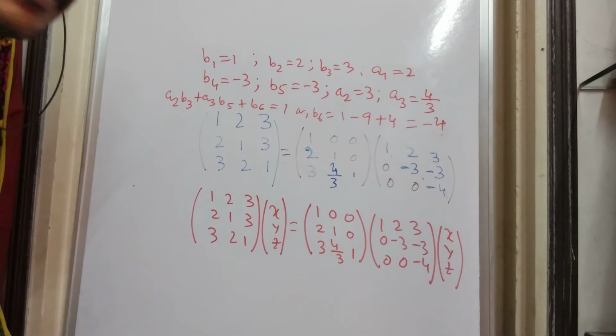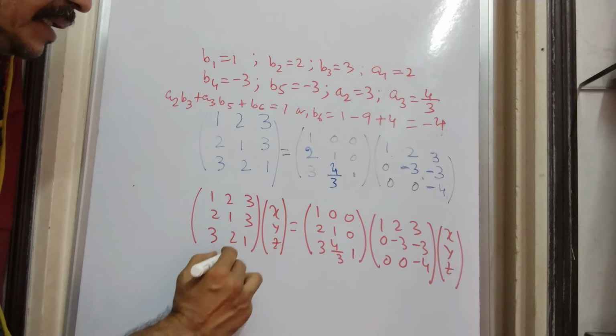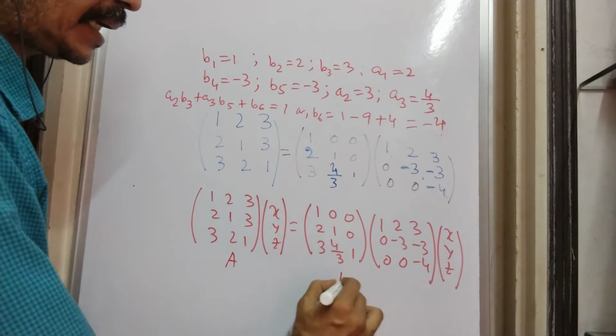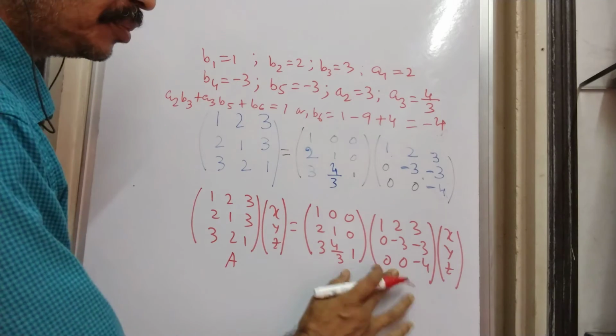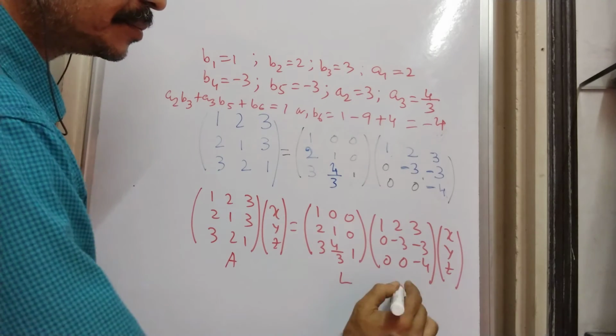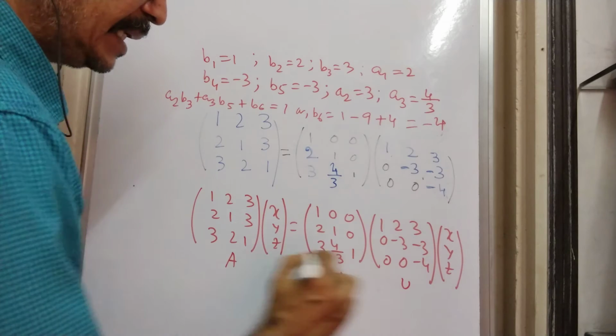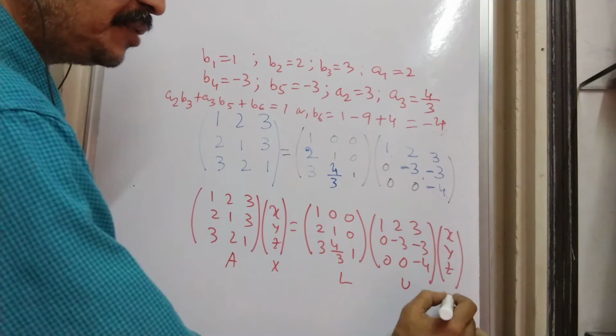We have just written this A in this LU form, and this is the variable matrix, AX equal to LUX.